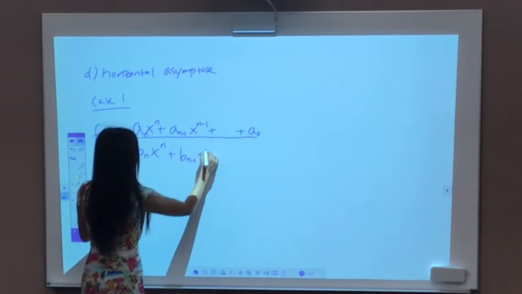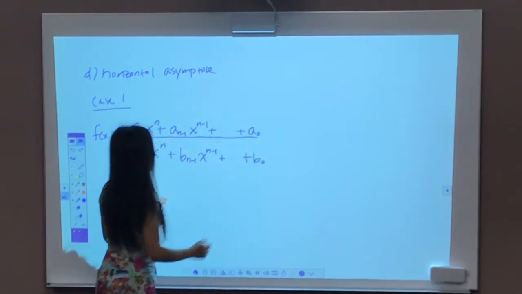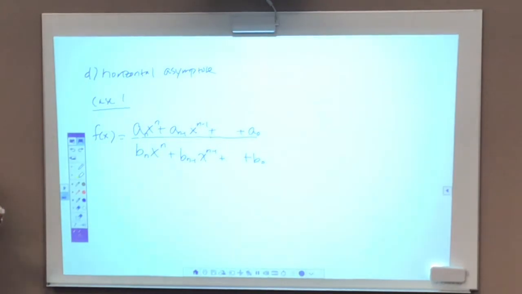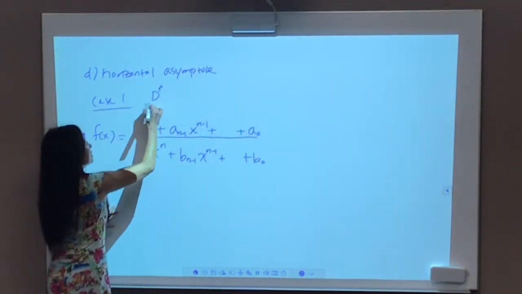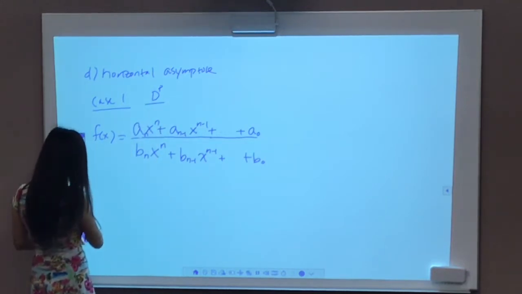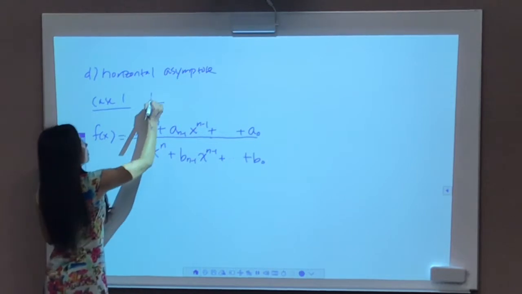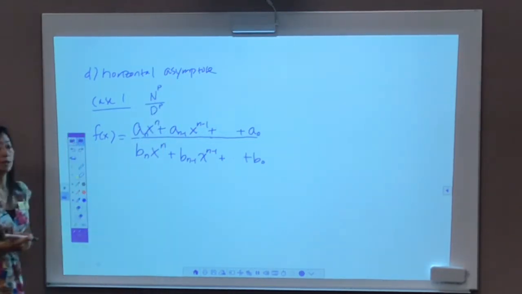Case 1: the denominator power is the same as the numerator power. Are you with me, class? The power is the same. In other words, I have n power and n power here.